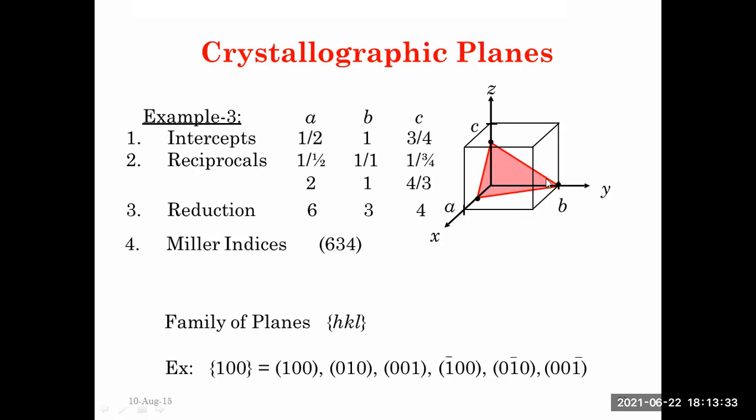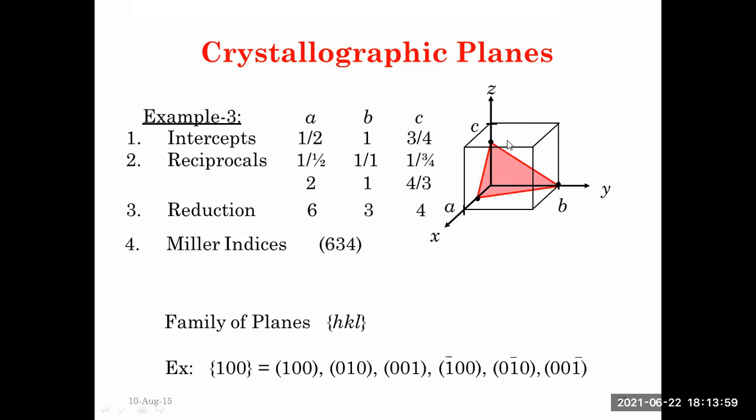Here the plane is exactly cutting at this mark, so we take it as 1. And here it is nearly equal to 1, so the third part is 3 by 4. You can divide into 1 by 4 parts: four of 1 by 4 gives you 1. Here 1 by 4, 1 by 4, and this is 3 by 4. The remaining is 1 by 4.